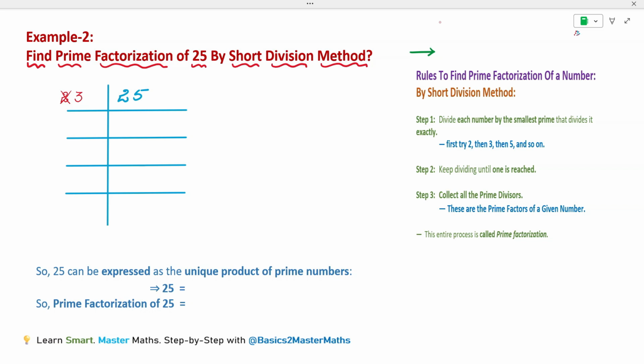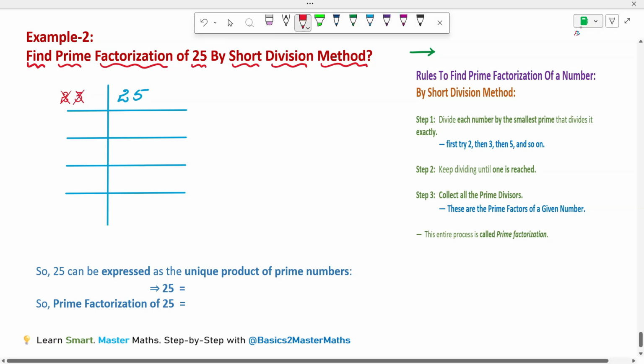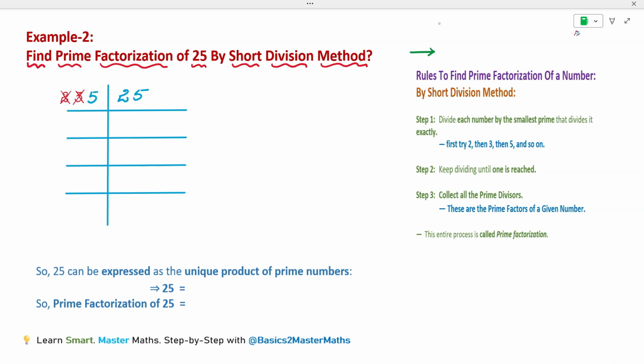Again, since 3 does not divide 25 exactly, move to the next smallest prime 5. Since 5 divides 25 exactly, we get 5.